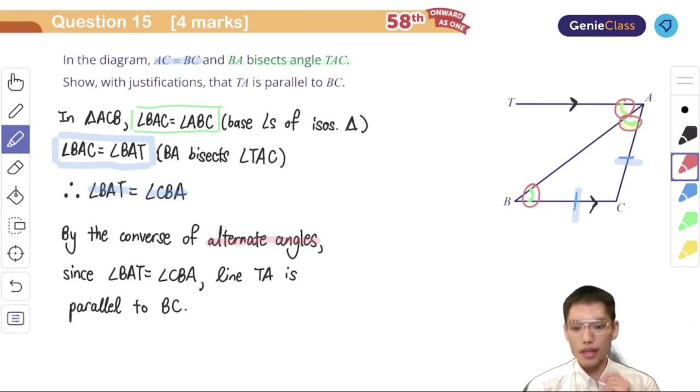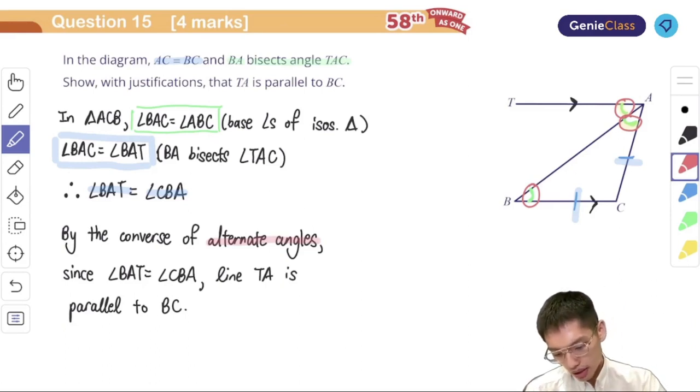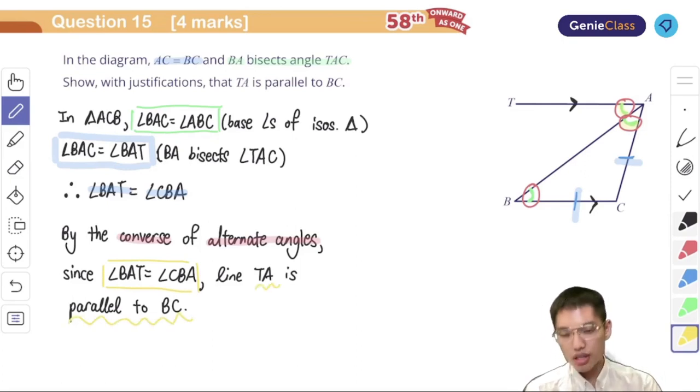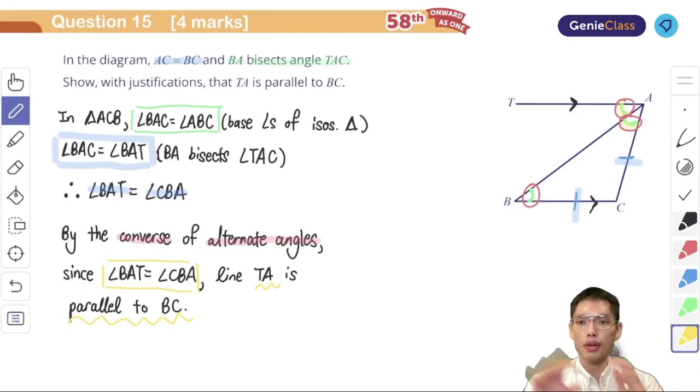So they can combine this with basic geometry, and by the converse of alternate angles, since we know these two are equal, that's why I can say, because of alternate angles, in order for it to be proven, my two lines have to be parallel. So this is one way where we have to take note when the lines are parallel, because of alternate angles. So we have to be clear with our understanding over here.